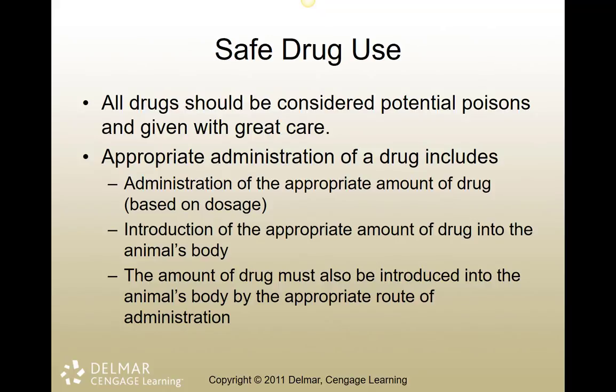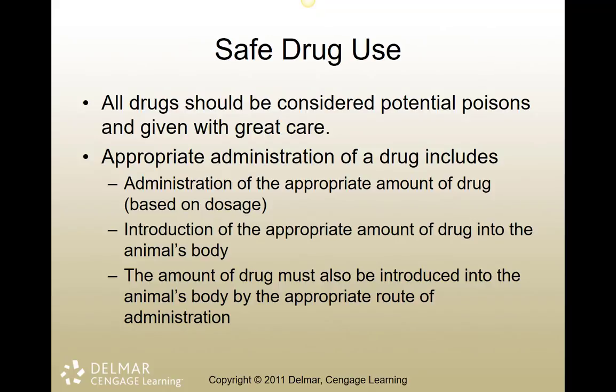And so some of the things that we kind of look at is administration of the appropriate amount of drugs. So making sure that total dose that we're giving is appropriate for that animal. Making sure that introduction of the amount of the drug into the body is the appropriate route, and also making sure we're giving them the right amount.